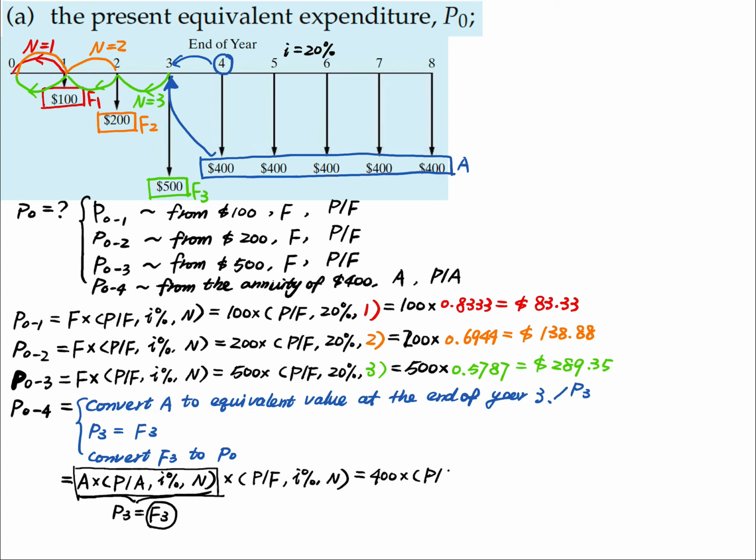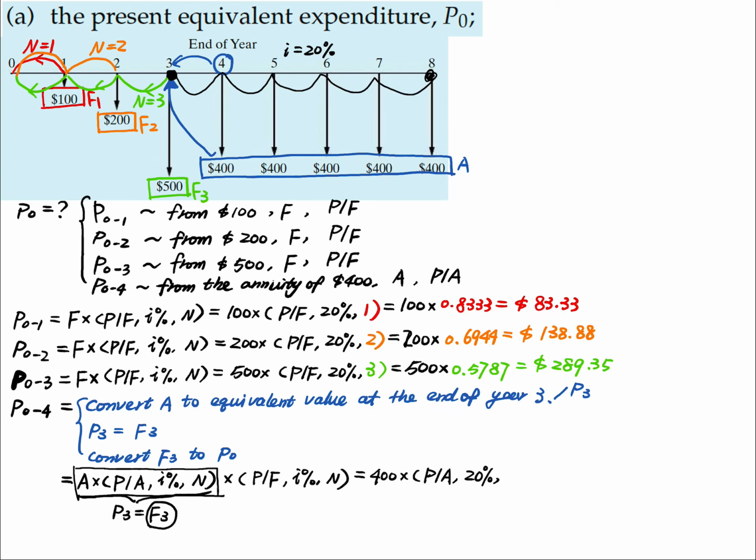And A is 400, factor P/A. i is 20%. What is the N? Because we said by the definition of this equation, the N is how many times you jump back to the previous year, right? So for all the annuities, how many times between one period before the start to the end?